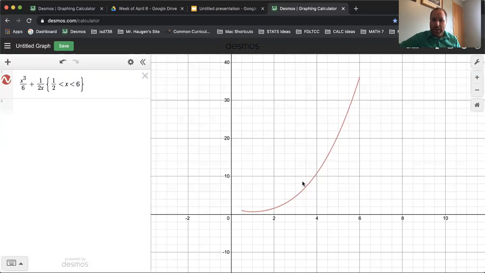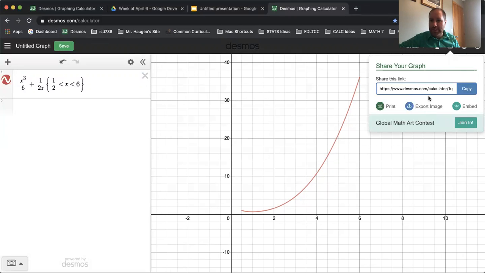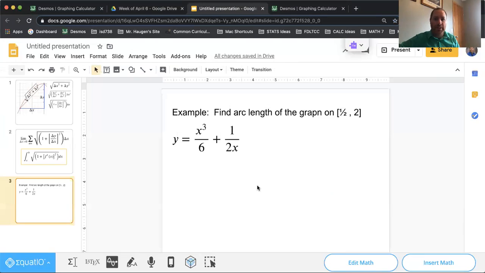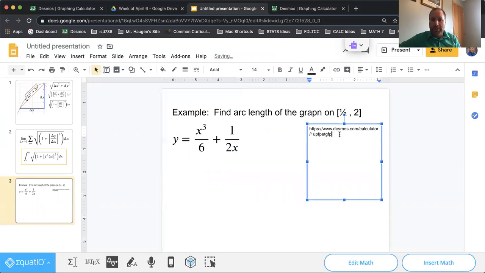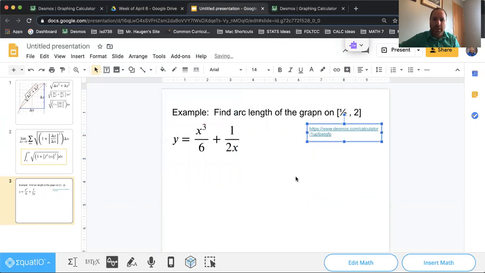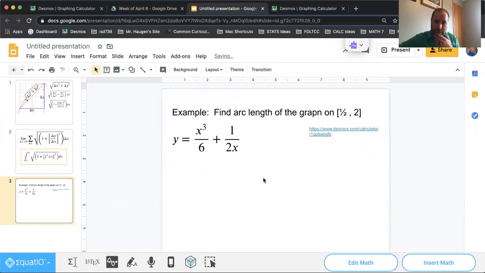We're just looking for how big is this kind of weird looking arc here, which would be really tough to do normally. With calculus, it's not too bad. So that's what we're looking for, how long this arc length is. Let's copy that in and paste that in there too. So if you want to look at that picture, there's the picture of it as well.